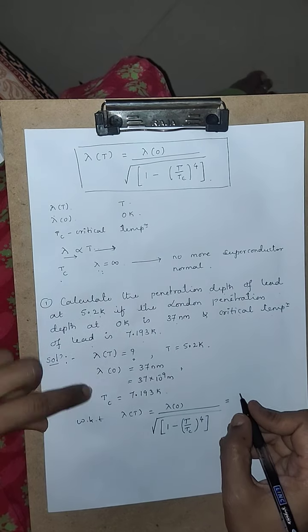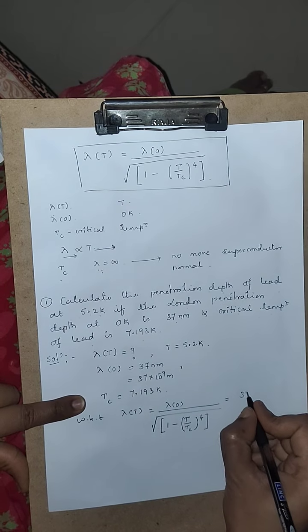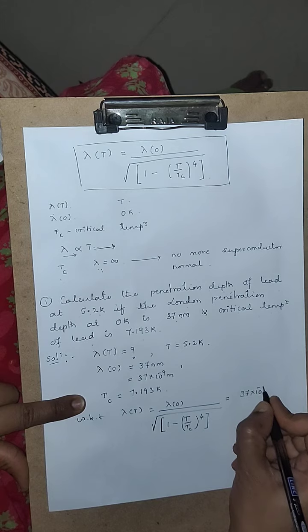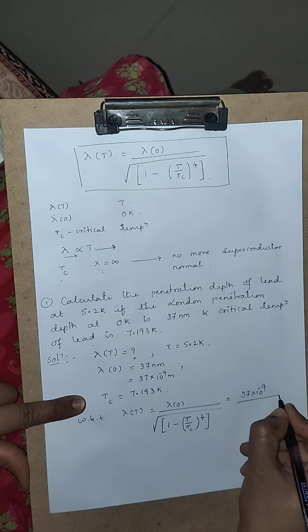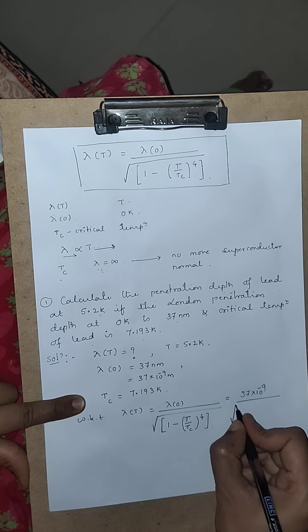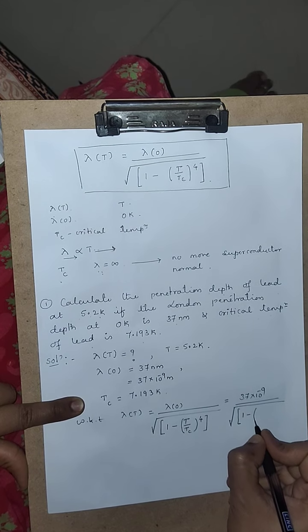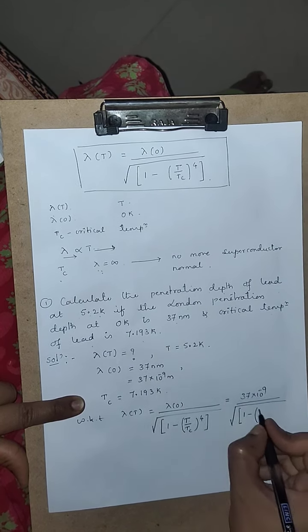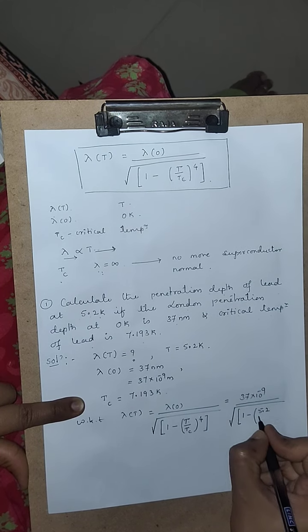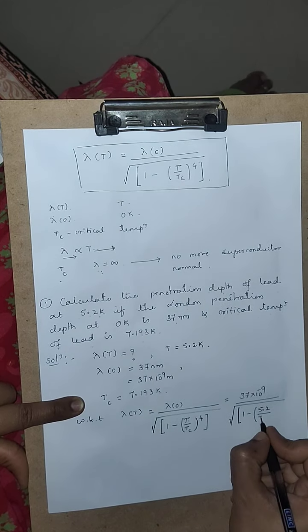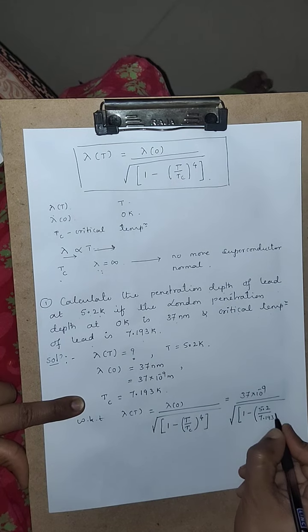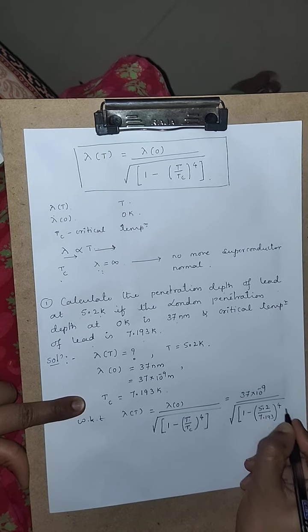Lambda of 0 is 37 into 10 raised to minus 9, divided by square root of, 1 minus, T is 5.2 divided by the critical temperature 7.193, raised to 4.